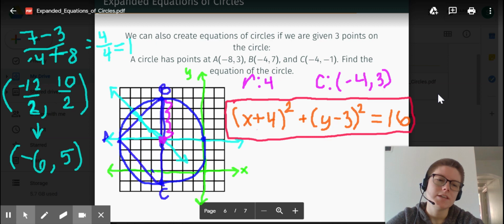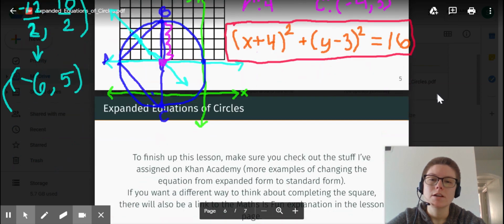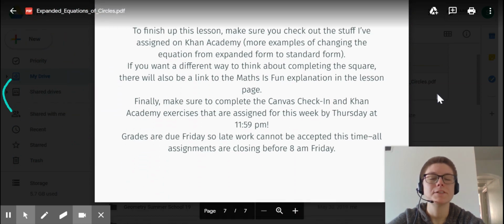We're going to have 2 of these in our check-in, which is going to be on Canvas this week because Khan Academy is a hassle to check and Canvas is less of a hassle to check. So we're going to scroll on down. To finish up this lesson, make sure you check out the stuff that is assigned on Khan Academy. You don't have to do the exercises, but if you need some help, they will be helpful, probably.